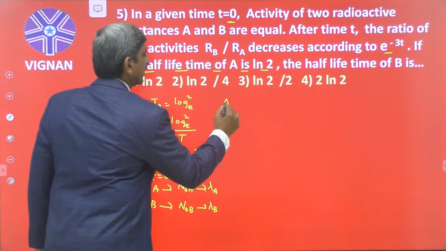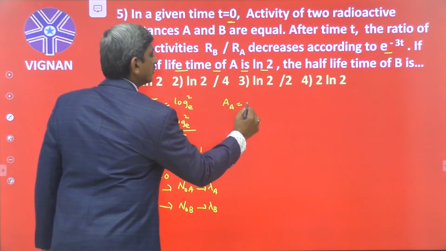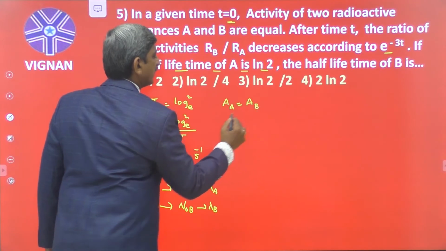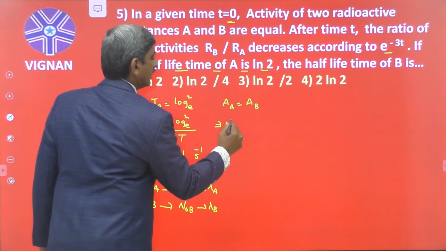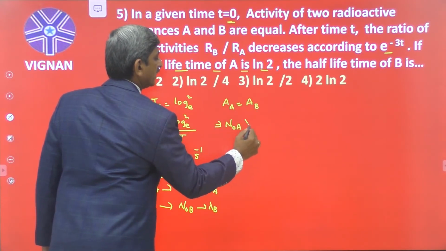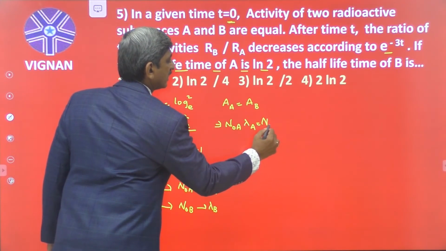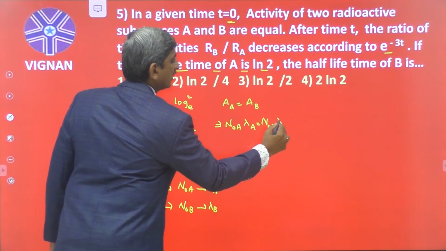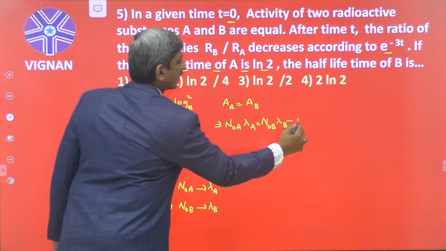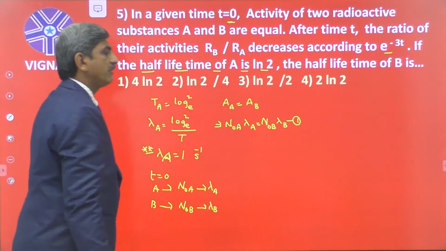That's why the activity of A is equal to the activity of B. It implies N0 A lambda A is equal to N0 B lambda B. Let it be equation number 1.